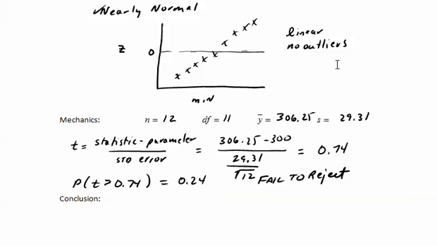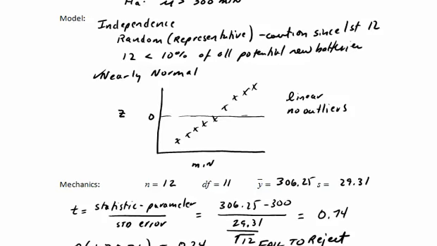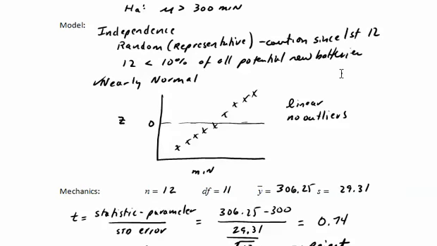I'm noticing here we forgot to state up here that we wanted to use a student t model. And the reason why we're using student t is that we have two sources of variation. We do not know either the population mean or the population standard deviation.